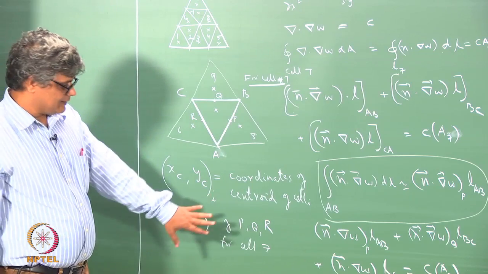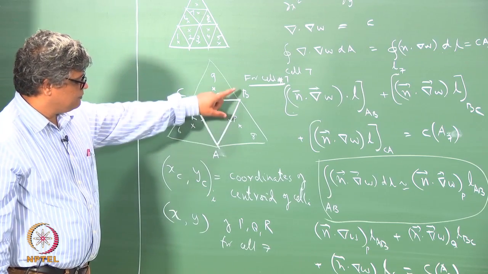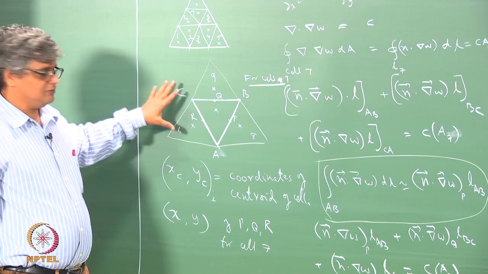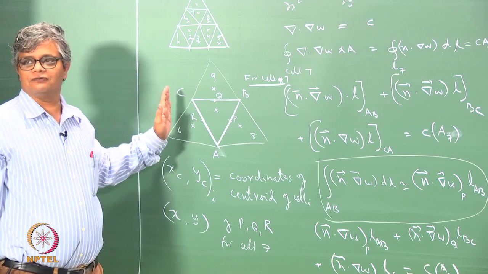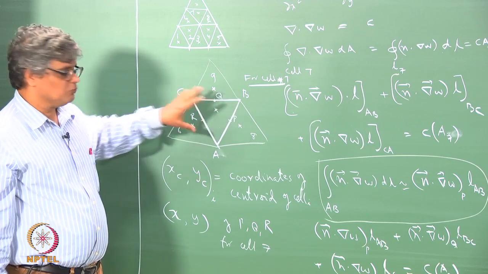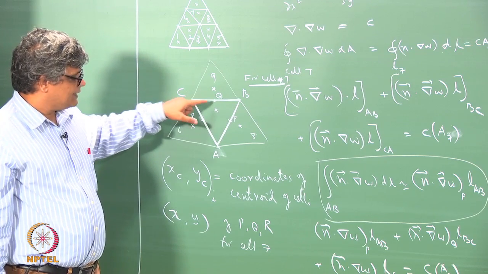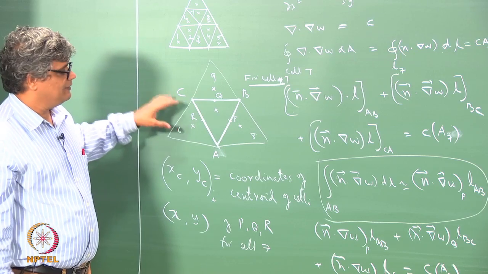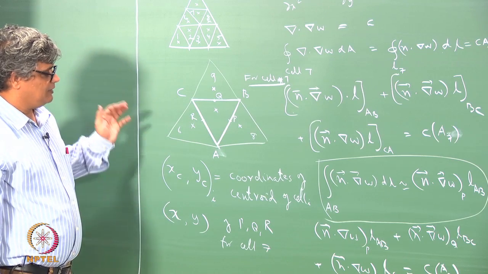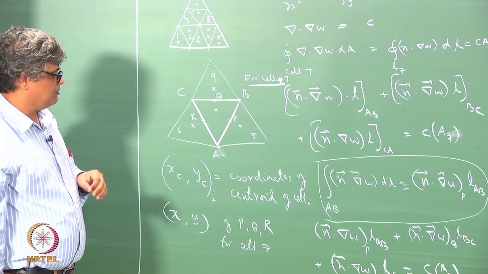We will see why that is needed, and that can be worked out from the geometry. All the geometric information, what is the length, what is the area, where is the centroid, where are the center points of each side, is essentially known from the geometry.